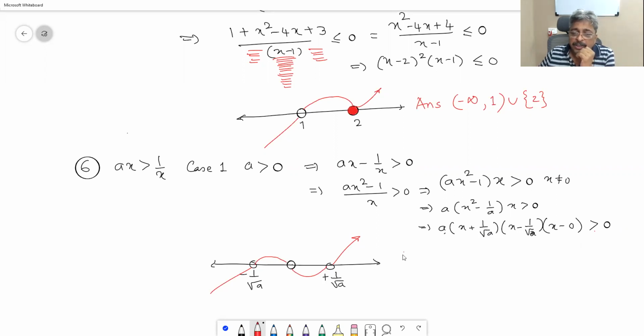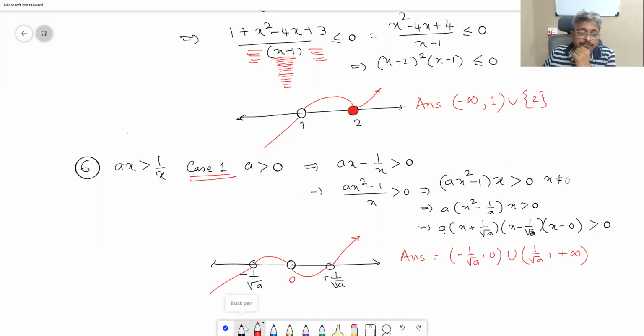And therefore the solution set answer, as we want greater inequality, is the open interval minus 1 upon root a to 0, union 1 upon root a to plus infinity. So in case 1, a positive, this is the solution set.